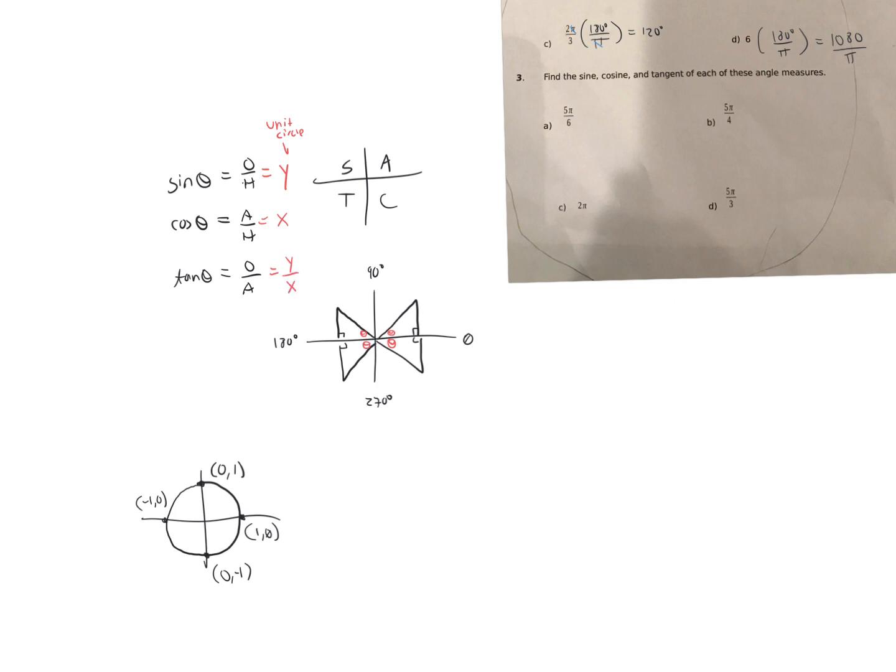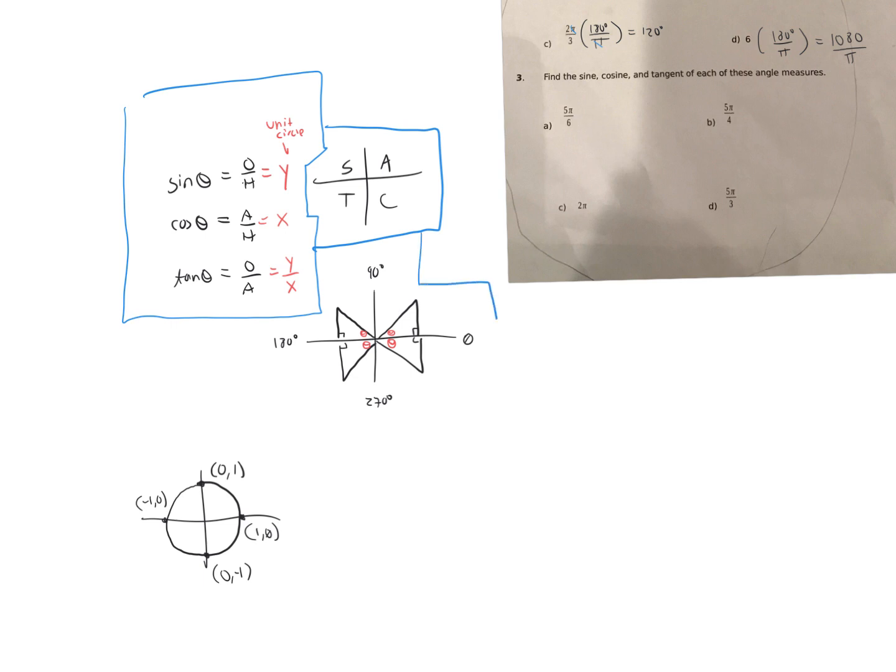Okay, so for these problems, you need to have that piece of information here in this blue border in your back pocket. This piece of information needs to be understood.